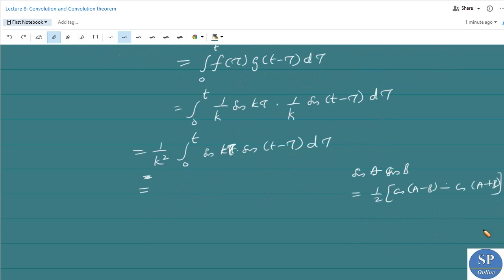So this is equal to 1 by k square into integral 0 to t. Sine k tau can be taken as a and sine k(t minus tau) can be taken as b.